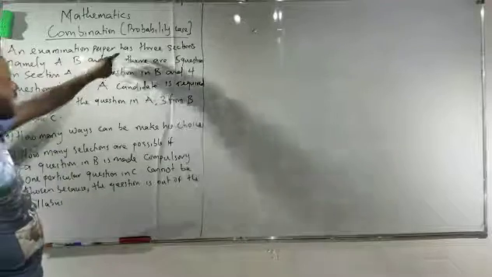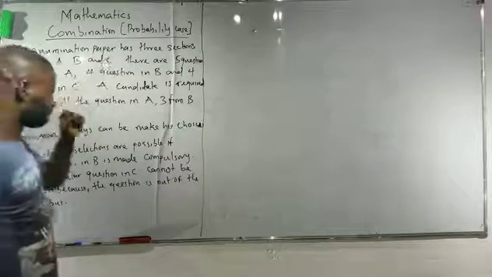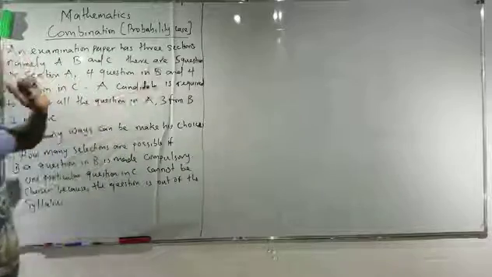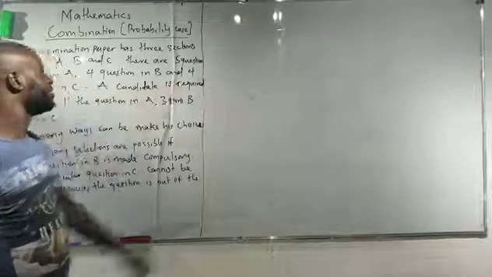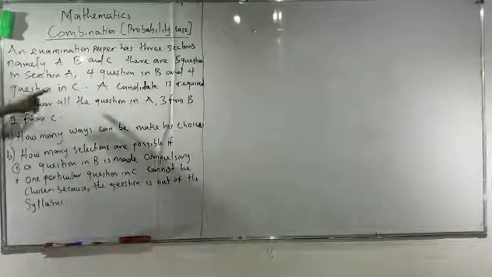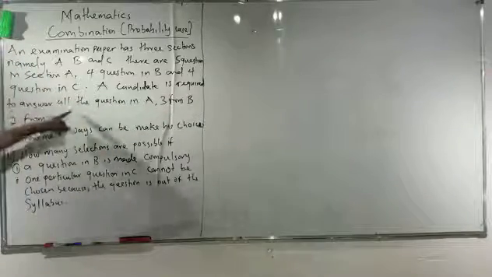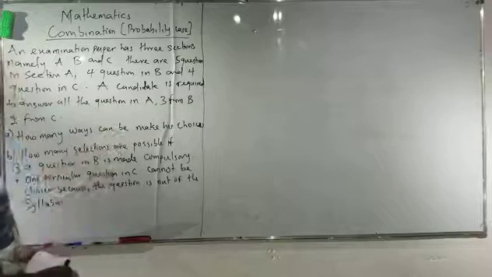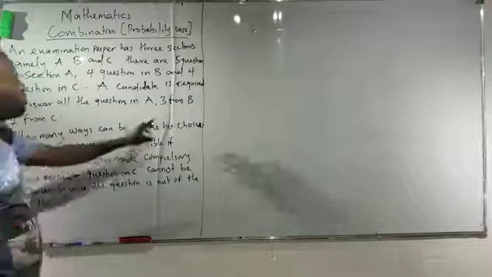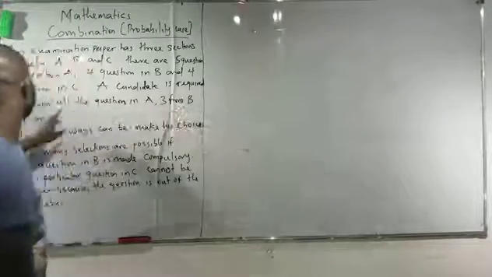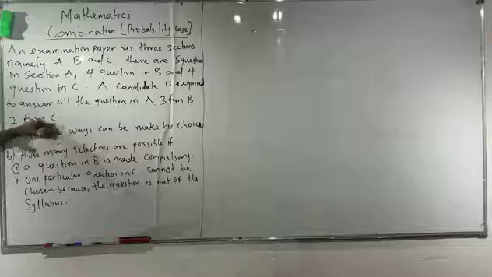An examination paper has 3 sections, namely A, B, and C. There are 5 questions in section A, 4 questions in section B, and 4 questions in section C. A candidate is required to answer all the questions in A, 3 from B, and 2 from C. Now, please take note of this condition.